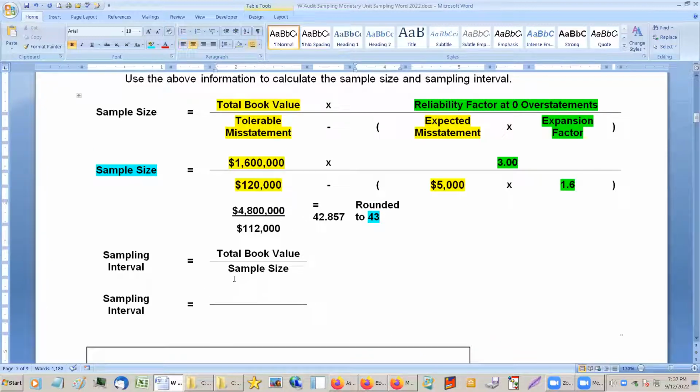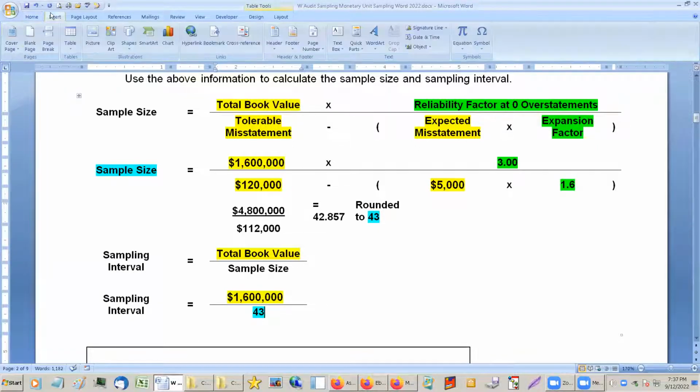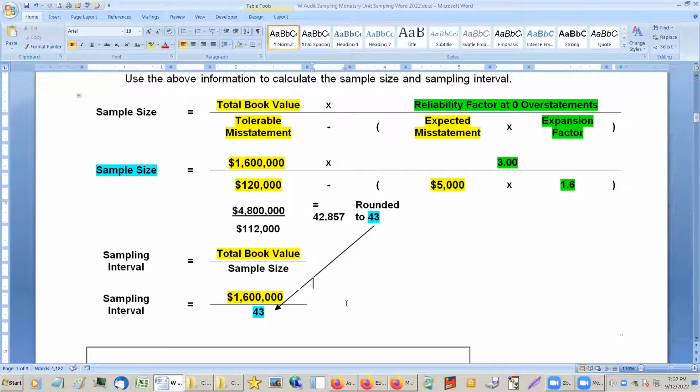And so the sampling interval will be total book value, which is this, divided by the sample size. And I'd probably round this off to the nearest dollar.